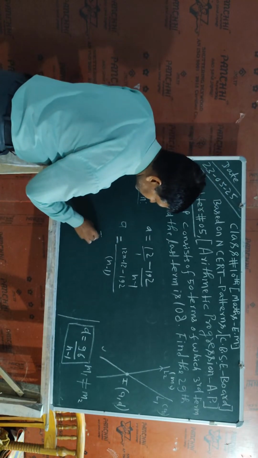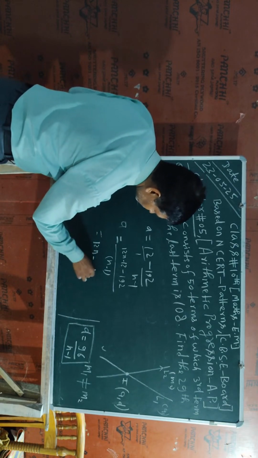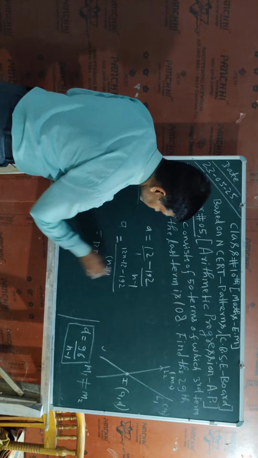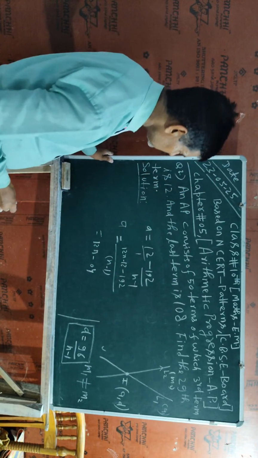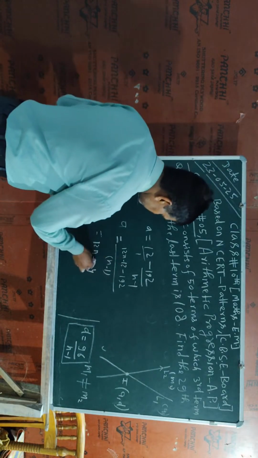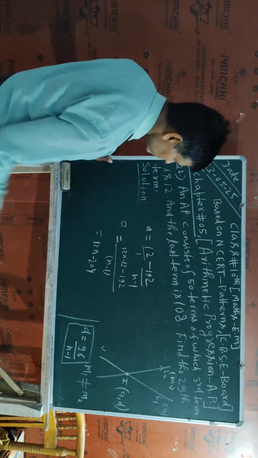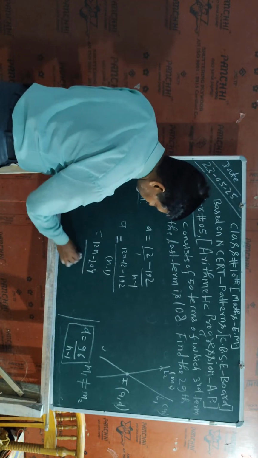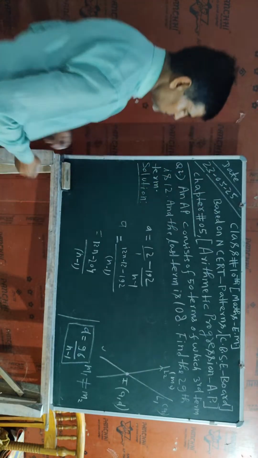Now I will simplify here. So I will write 12n minus, 2 to 4, 9 plus 1 10, 2 to 4, 9 plus 1 10, and 1, that will be 2. So 204 divided by n minus 1.